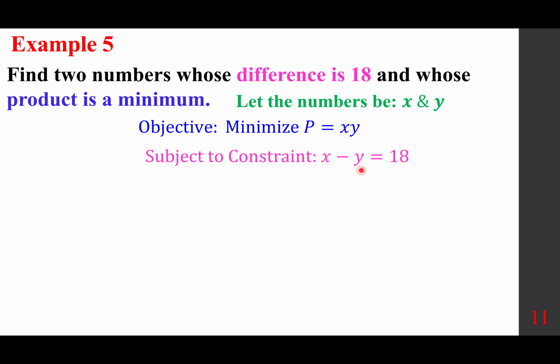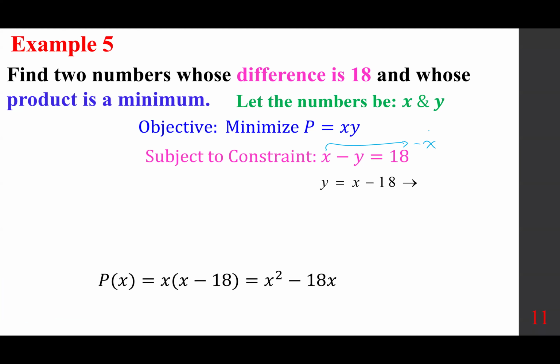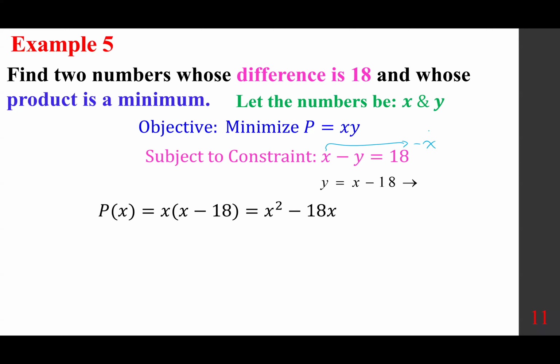If you solve for y, then it becomes x minus 18. Put it into the objective function. And P, which has two variables, becomes a function of one variable, x.